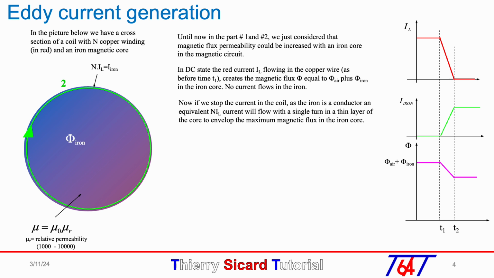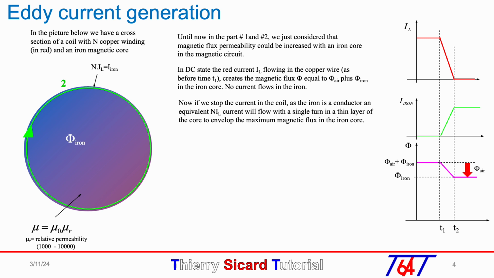Again, a small analogy between capacitor and inductor. As electrical charges Q cannot be changed immediately in a capacitor, the magnetic flux phi cannot be changed immediately in the magnetic circuit. The iron current can keep the magnetic flux in the iron, but cannot keep the flux in the air. So we lose the magnetic flux located in the air between the coil and the iron.